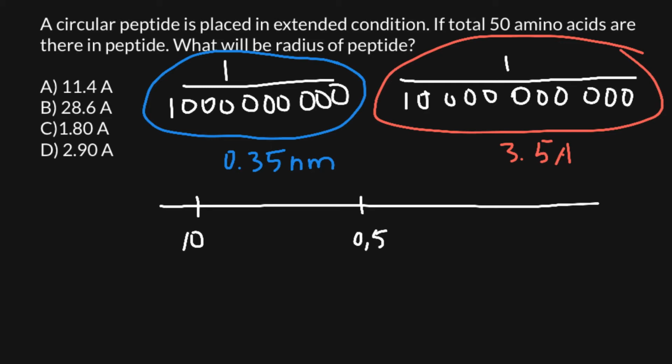A meter is bigger than a centimeter, so as you see 0.5 meters would be bigger than 10 centimeters. So do not mess up these numbers. 3.5 angstroms, which we write with a circle on top of the A, equals 0.35 nanometers. Nanometers are 10 times bigger than angstroms.